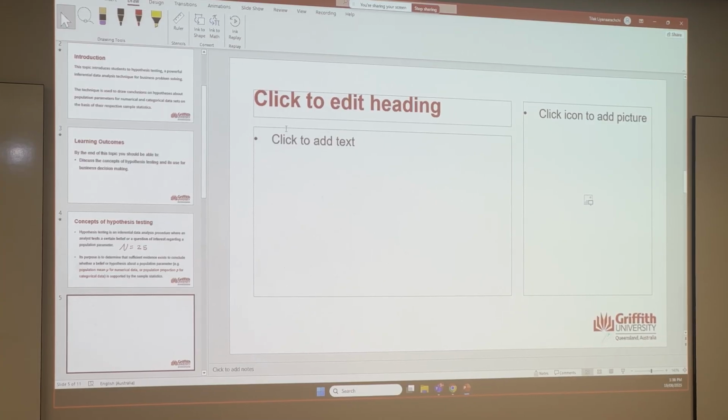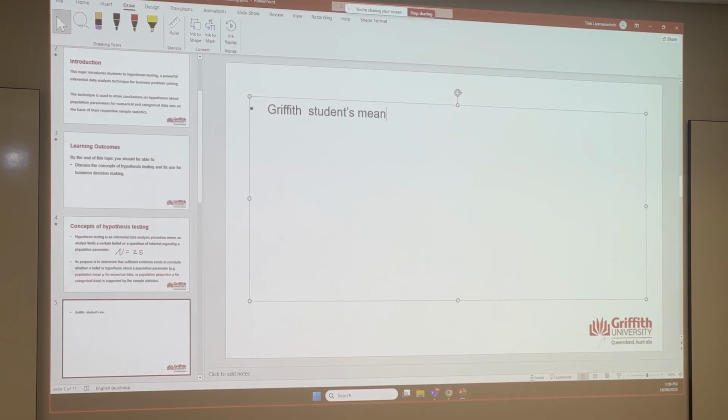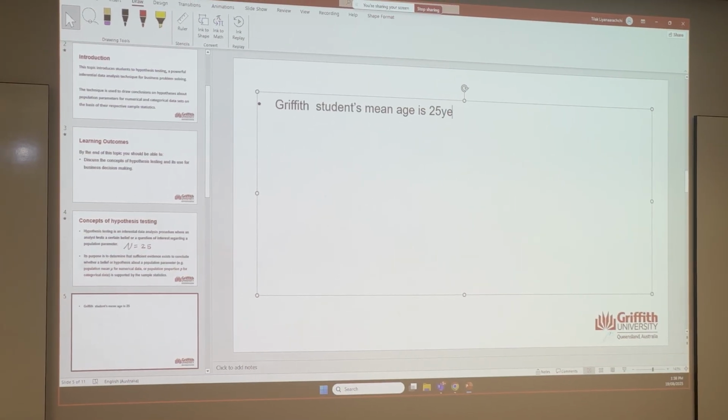Any other example? Examples: Griffith students' mean age is 25 years.